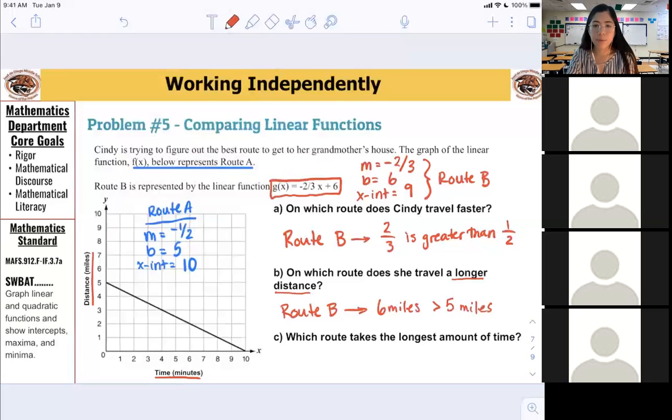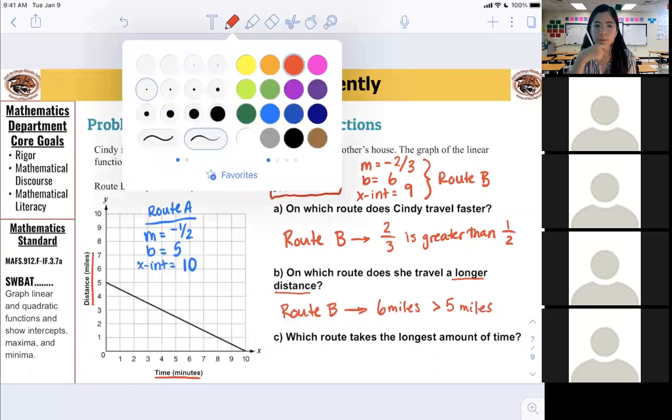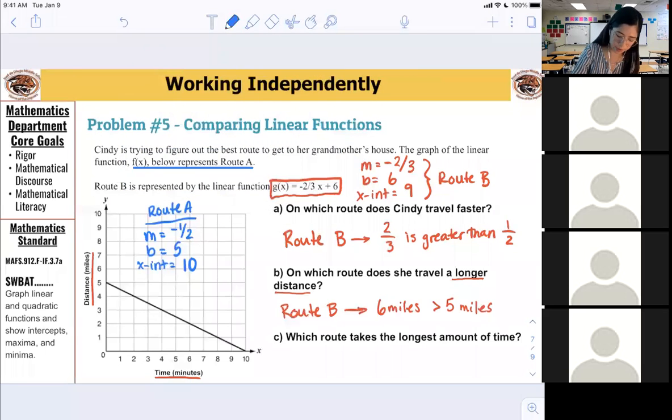All right, so yes, root B travels a longer distance because 6 miles is greater than 5 miles. And then finally, which one takes longer to get there? Root A. That one is longer, yeah. Because what did I look at for that value?